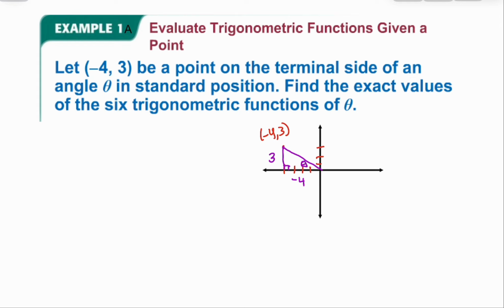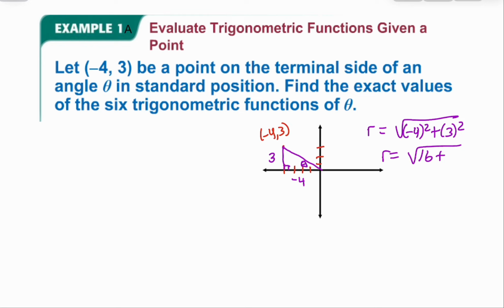So now we've built that triangle, so the next thing I want you to do is to find the hypotenuse. The hypotenuse is always going to be the square root of x squared plus y squared. The hypotenuse, unlike the legs, the x and the y, will always be positive. The x or y may be negative depending on the direction of your point.